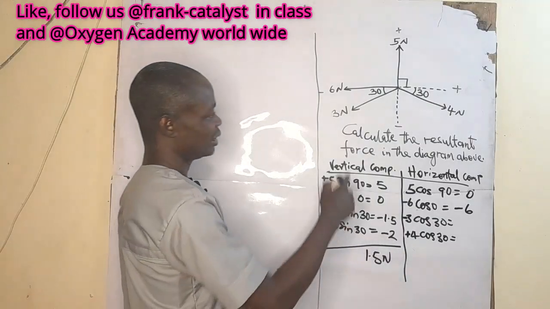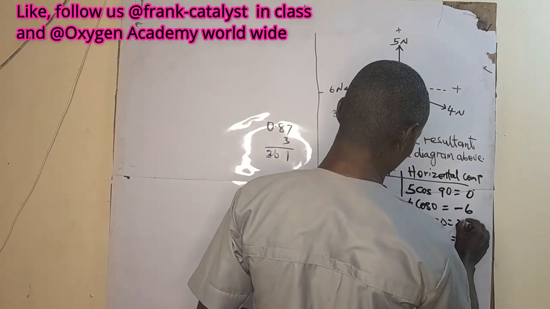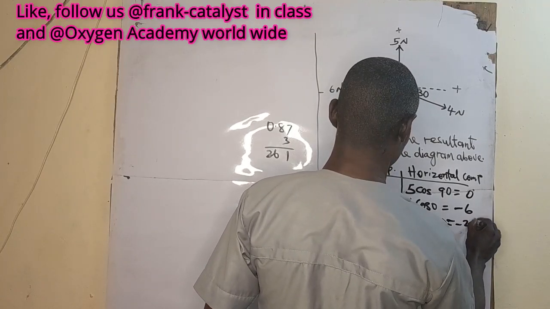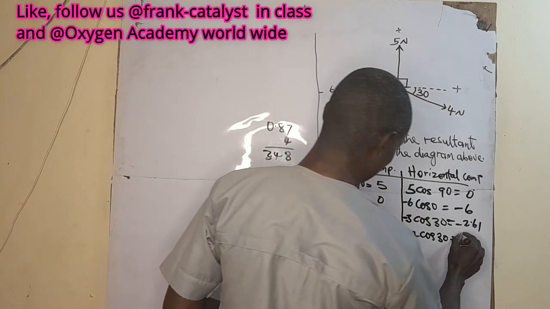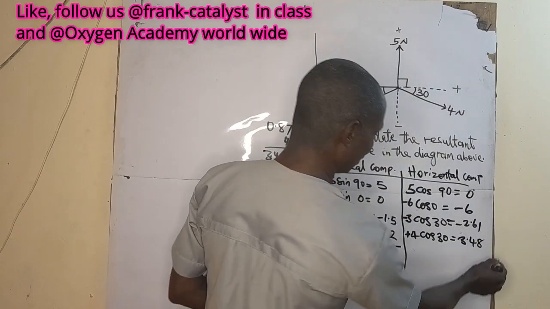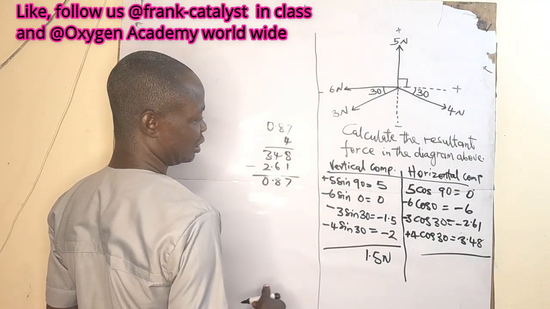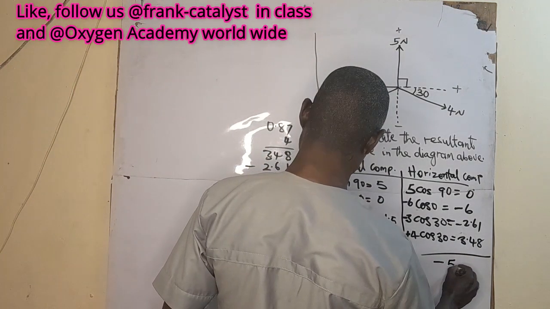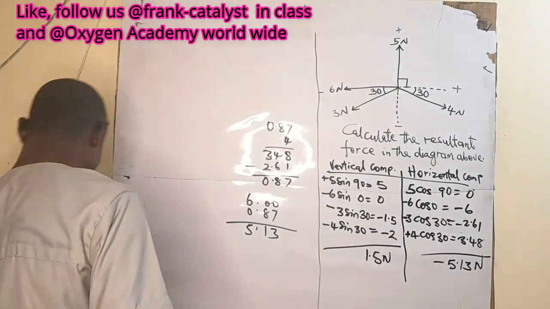Then 3 cos 30 is 2.61, which is going to be minus 2.61, and this one, 4 cos 30, is going to be 3.48. Adding these, we have minus 5.13.